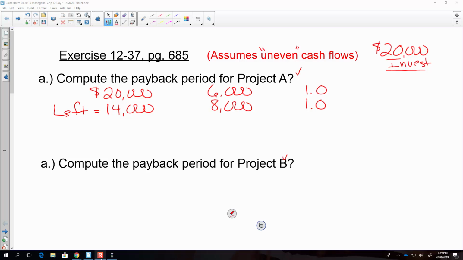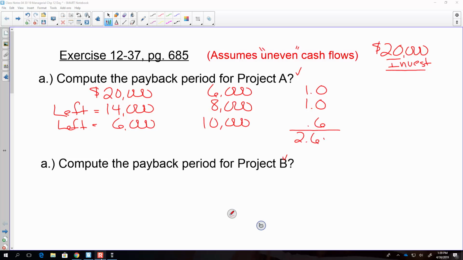And then finally, our third year, which does recover it. I have what left? $6,000 left after the 8 is subtracted. And in the third year, I do recover the amount. But in this case, I only need a partial year to recover the $6,000 left, and that comes out to be 0.6.